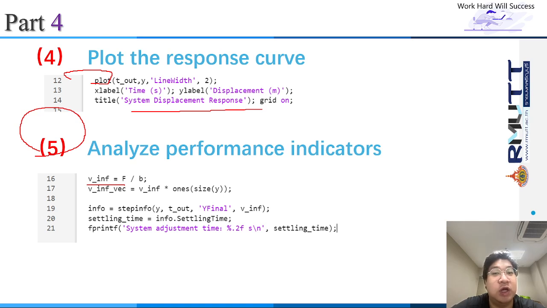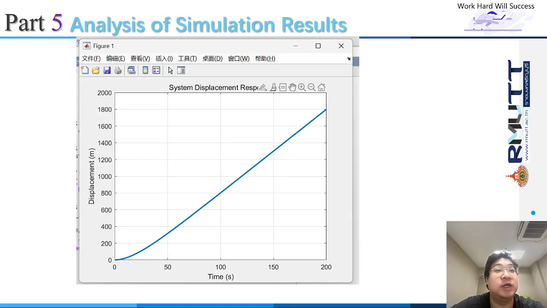Use fprintf to print the results, and the quantification of performance.